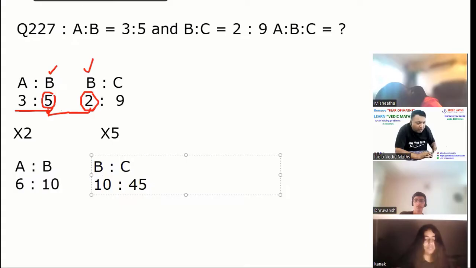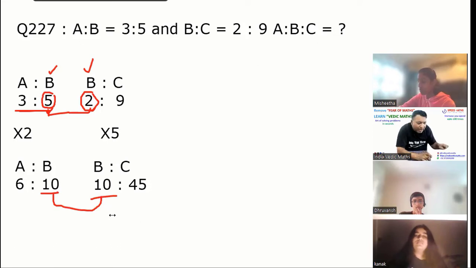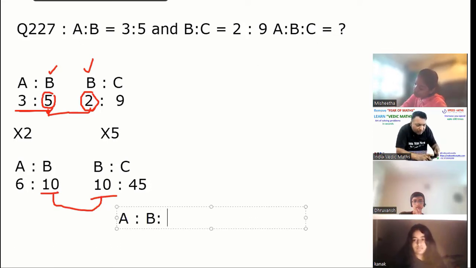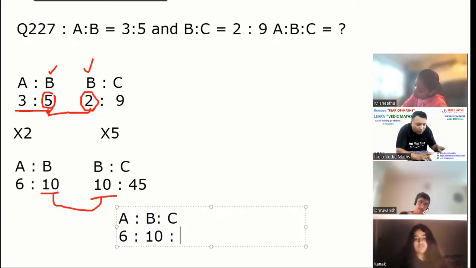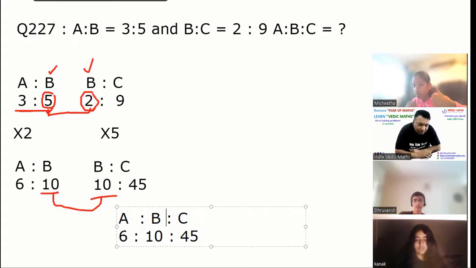Now the values of both the Bs are the same, so you can directly combine and say my compound ratio A is to B is to C is 6, 10, 45 respectively. That is how you combine multiple ratios into one compound ratio. Cool? Good.